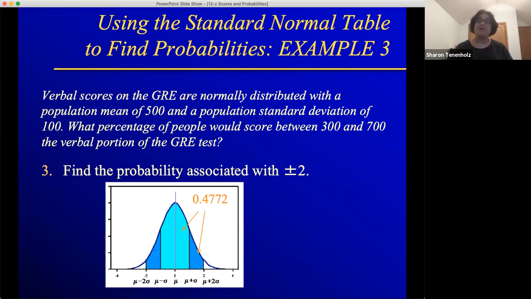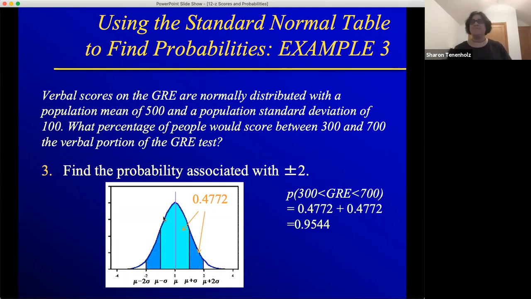Now, of course, the curve is symmetrical, so to find the other side, it's also 0.4772. So we simply have to either multiply by 2 or simply add 0.4772 plus 0.4772.